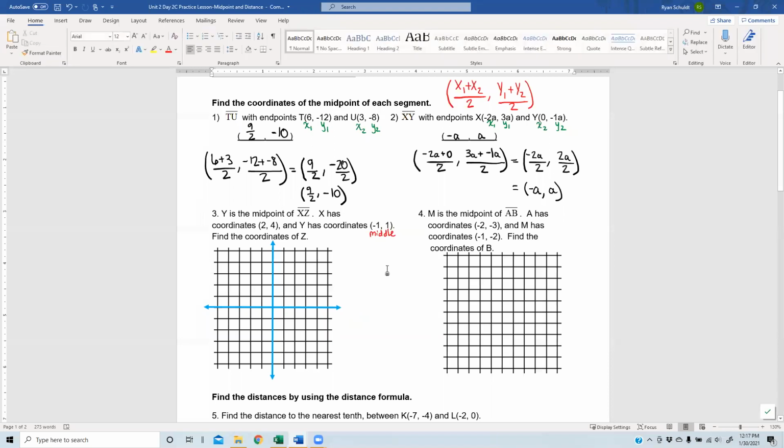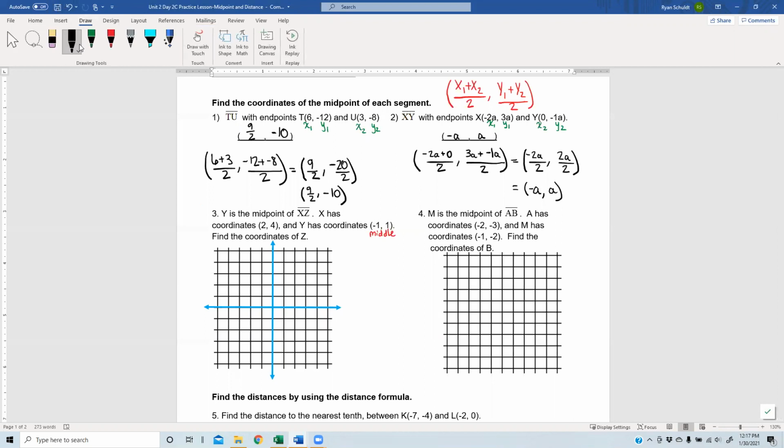Okay, there's our axes. So we have here a point at 2, 4. So I'm going to go to 2, 4. There's the point X. Y has the coordinates of negative 1, 1. That's right here. There's Y.